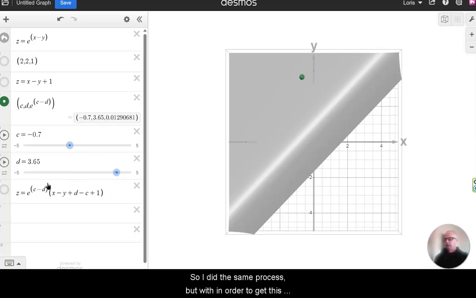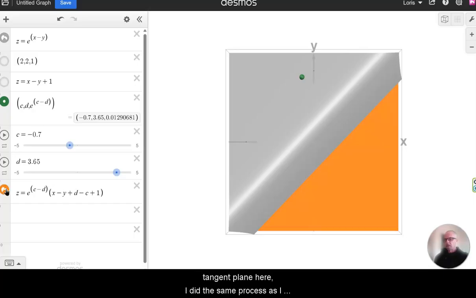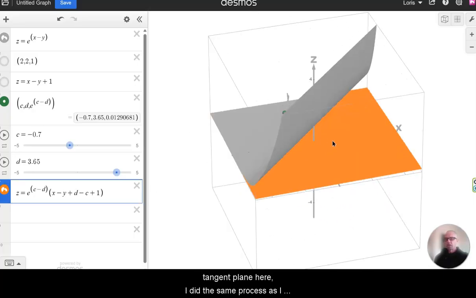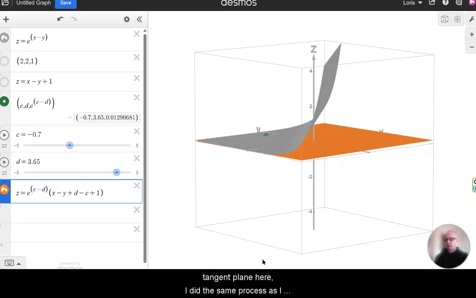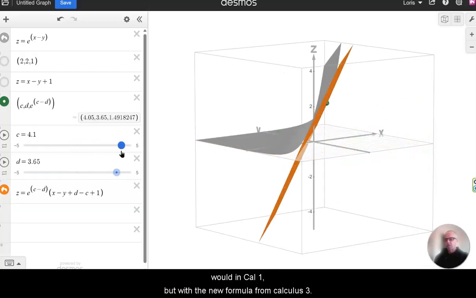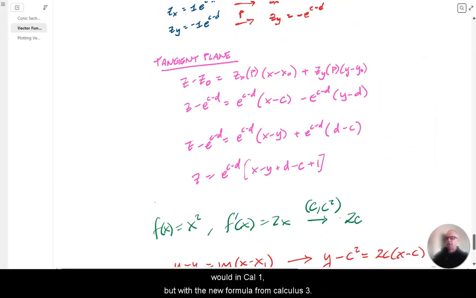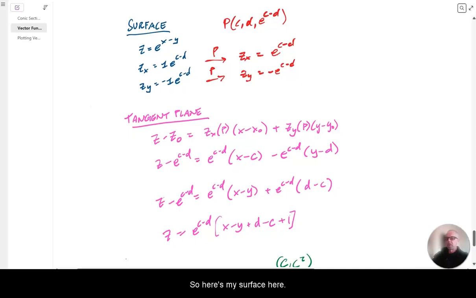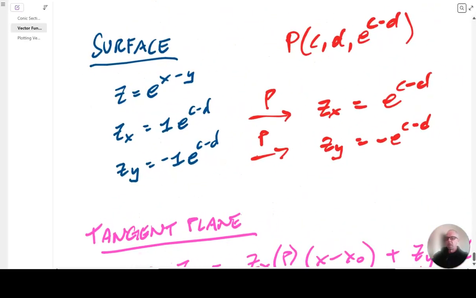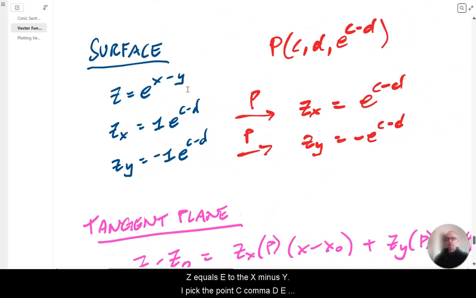So I did the same process as I would in Cal 1, but with the new formula from Calculus 3, in order to get this tangent plane here. So here's my surface, z equals e to the x minus y. I picked the point c, d, e to the c minus d, plugged in c and d, and got e to the c minus d.